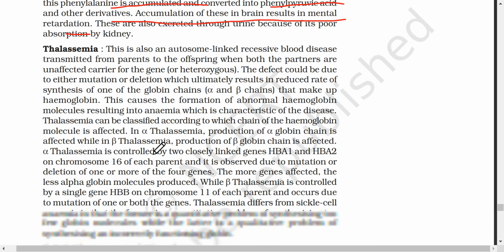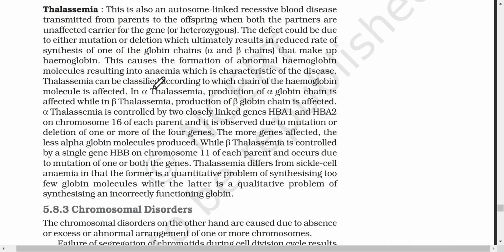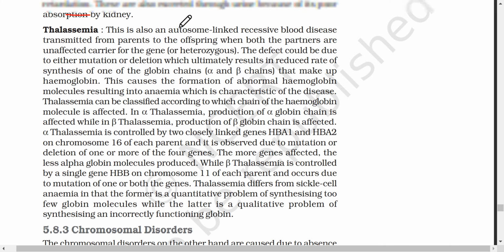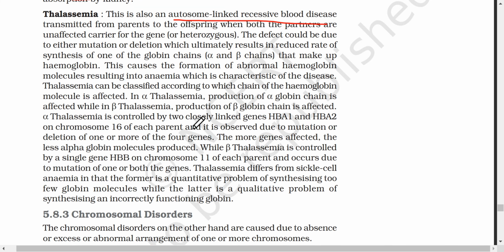Coming to thalassemia, it's also an autosome linked recessive blood disease transmitted from parents to the offspring when both the partners are unaffected carriers for the gene. Both are unaffected but both are heterozygotes, both are carriers.